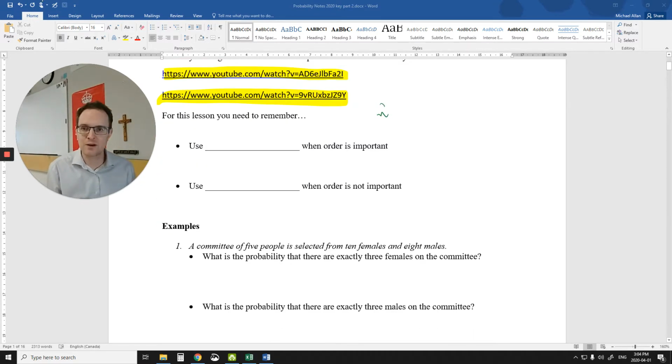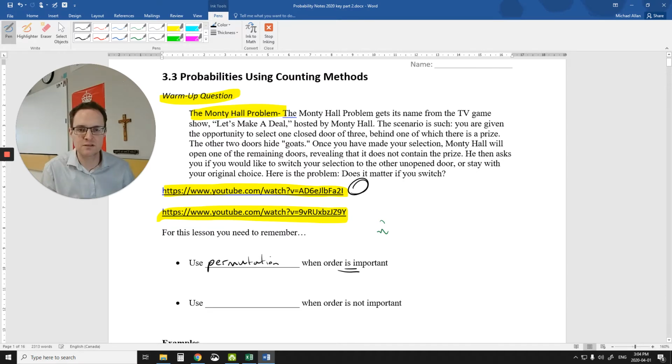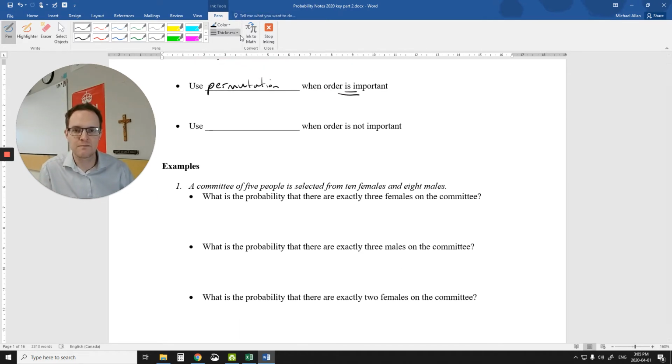Now, remember from those previous chapters, what do we use permutations and combinations for? When order is important, order matters here, we're going to use permutations. And when order is not important, we're going to use combinations.